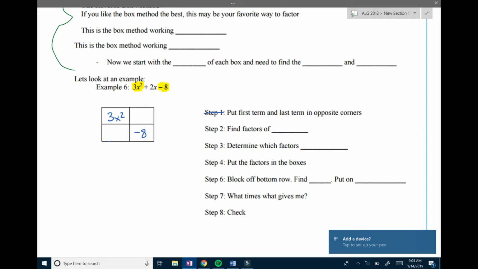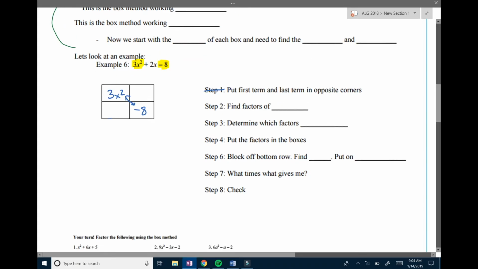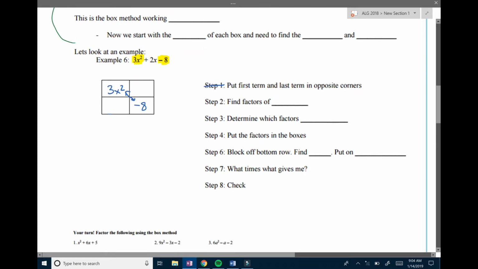Step 2 is to find the factors of blank. So what that means is you're going to find the factors of these two numbers. Alright, so what that means is you're going to multiply your 3 times your negative 8. You're always going to multiply the opposite corners of each other. So 3 times the negative 8, make sure that you write negative 8.